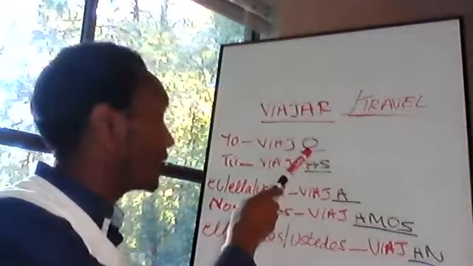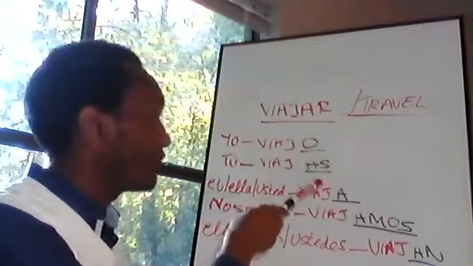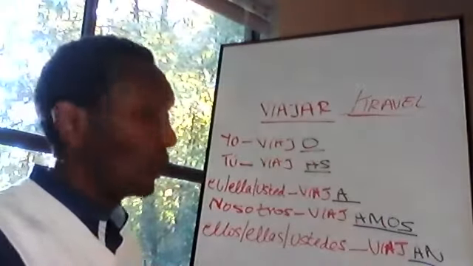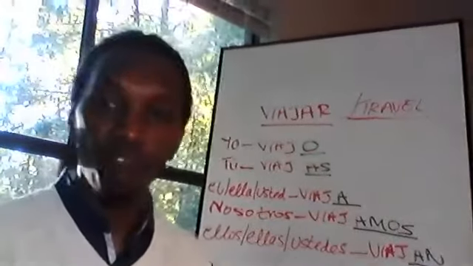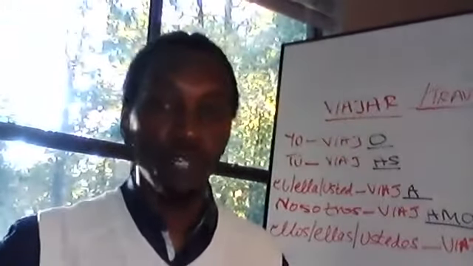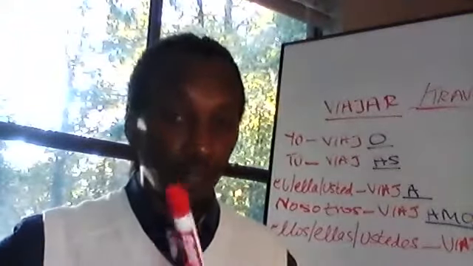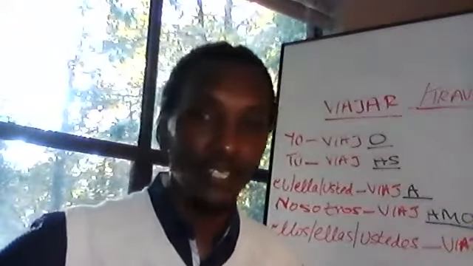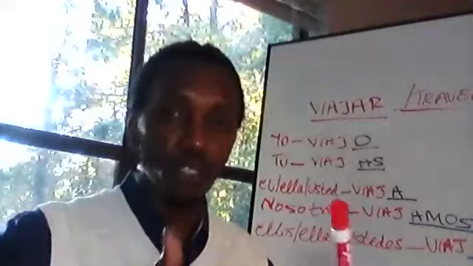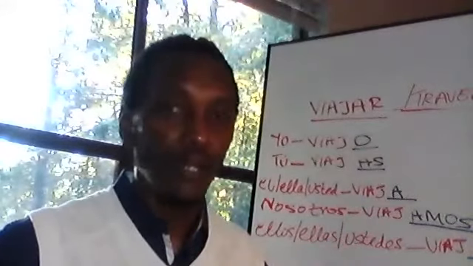But in Spanish, you have seen the endings are different. So that's how we conjugate the regular AR verb. Remember, we do also have the irregular verbs, but I'll be going into those as we go deeper into this Espanol journey.